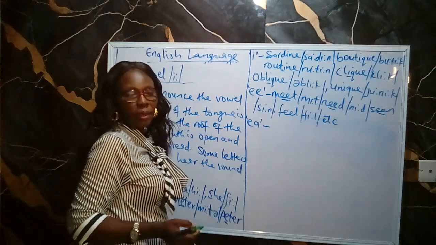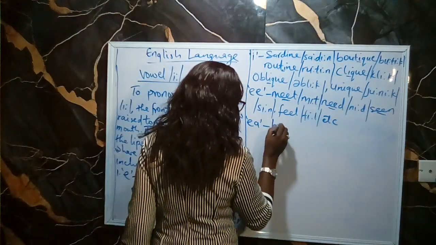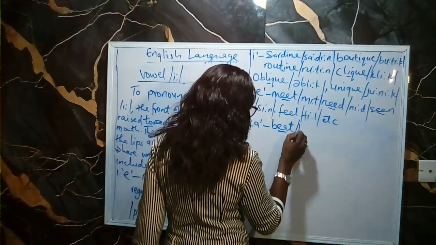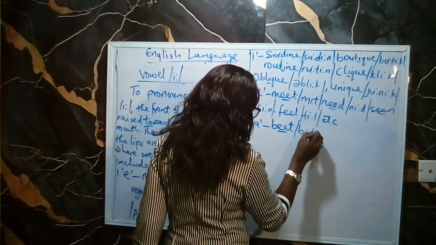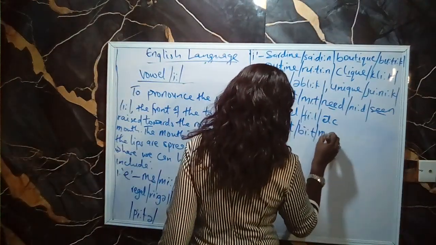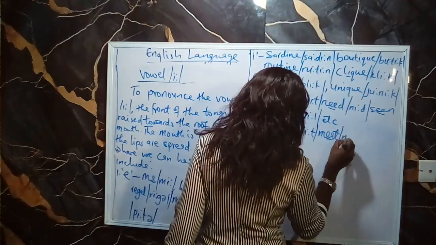Then let's go to letter EA, as in beat. Where we see EA, we put the sound E. Meat. Okay, the same thing. Where we see EA, we put the sound.